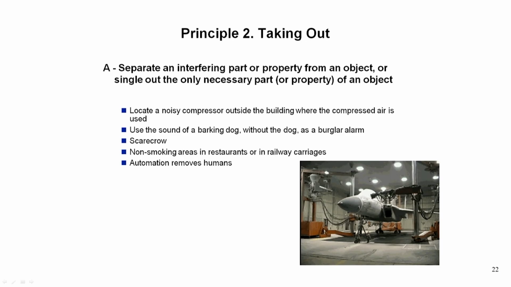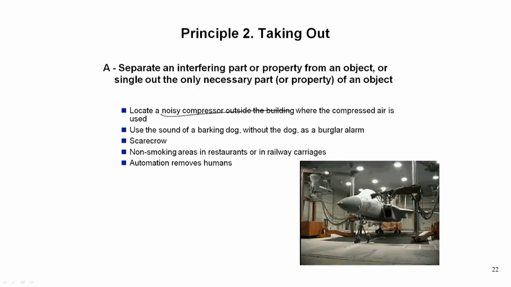Principle 2 is taking out, that is, take out an interesting part or property of an object, single out that and throw away the rest of it. For example, many of us go to the shopping malls, but it is air conditioned, but we never get the sound of air conditioning. Why?